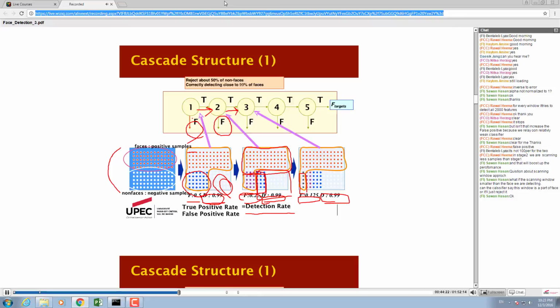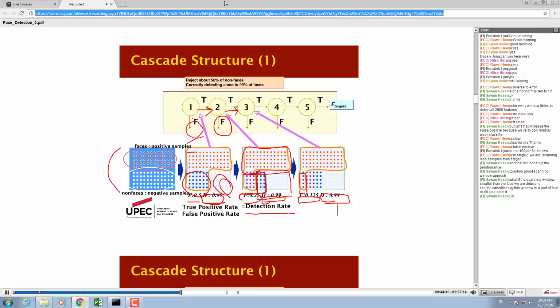Stage 4, half, in this way. So anyway, we will not go deep down to the final stage. For non-face windows, we are not processing a lot.